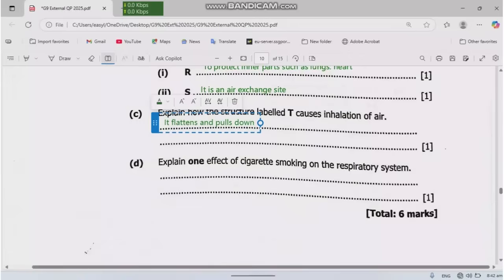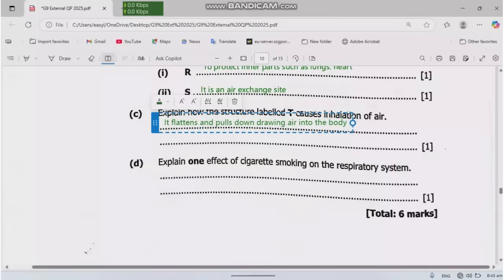It pulls down, drawing air into the body.